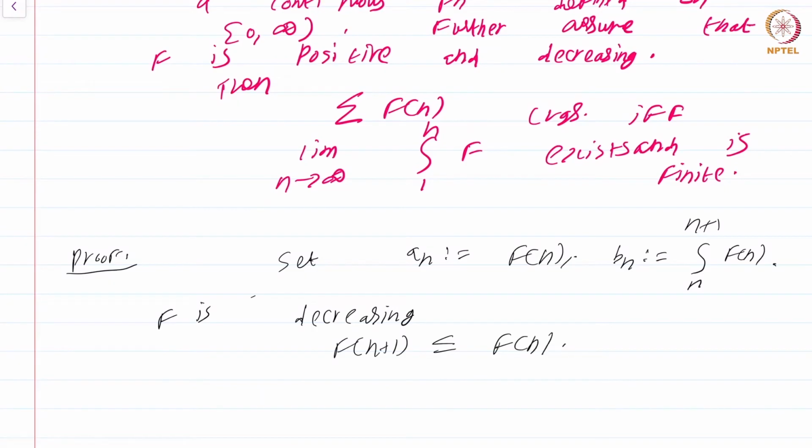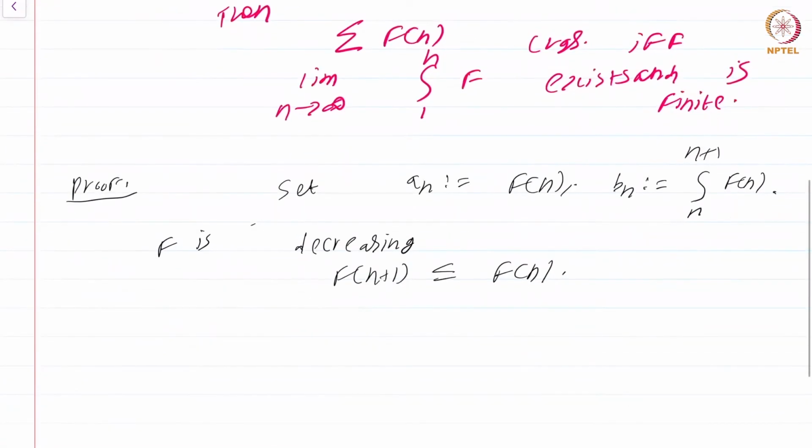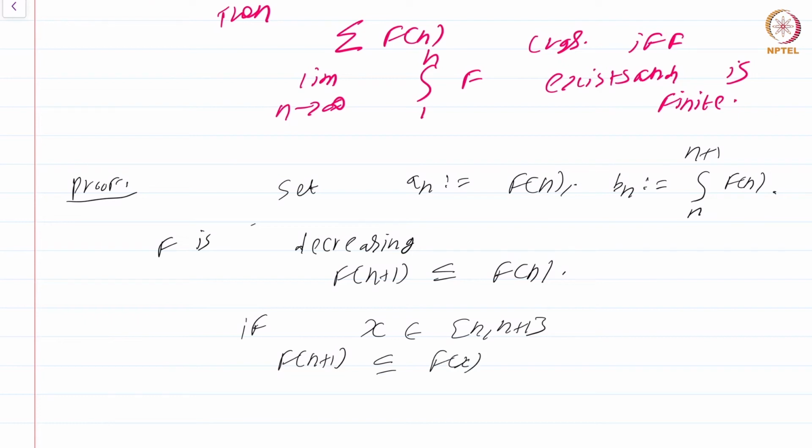That's what decreasing will imply. Also, it actually says that if x is in [n, n plus 1], then f(n plus 1) is less than or equal to f(x) is less than or equal to f(n). Right, that's what decreasing means.